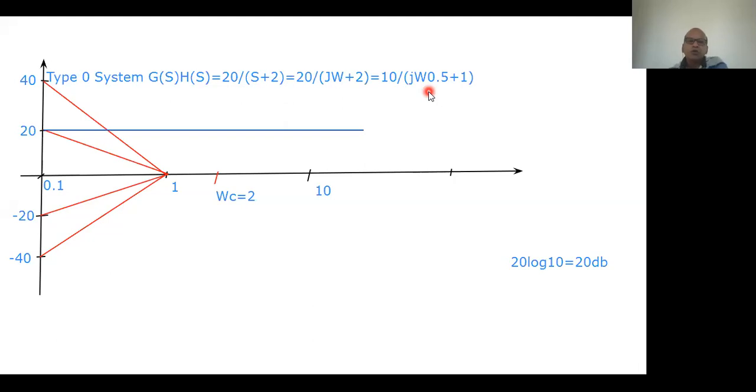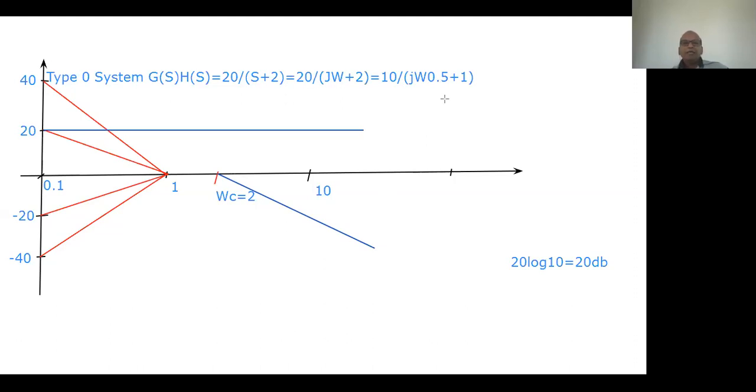If a pole goes downward, draw a line with slope minus 20 dB per decade. Then at the corner frequency, draw a line parallel to this line. These are the asymptotes for a simple pole on the real axis.